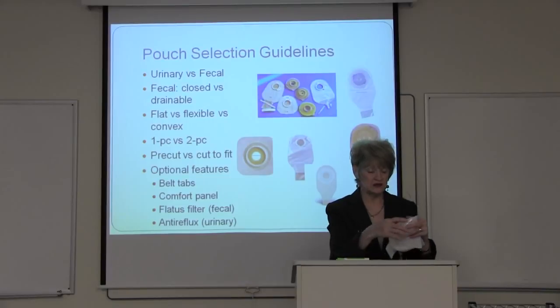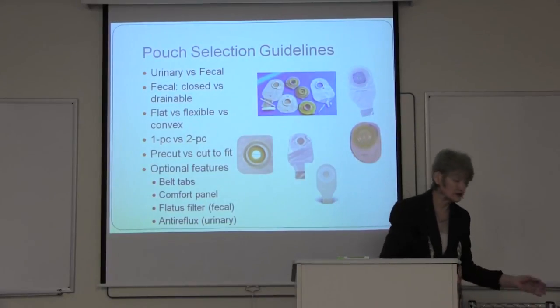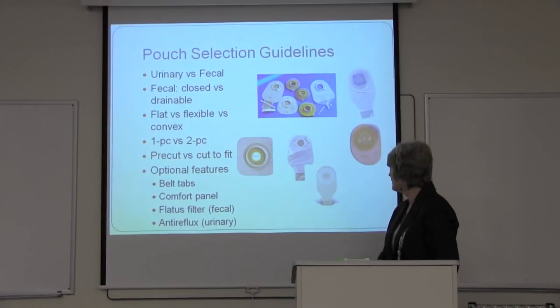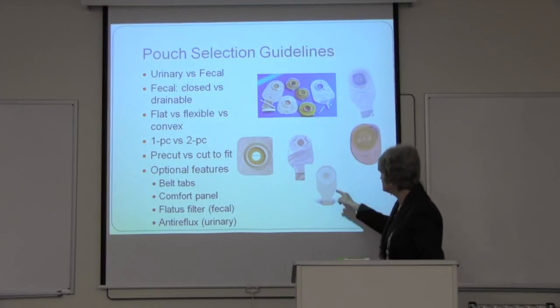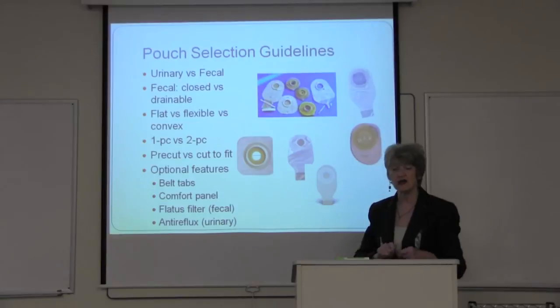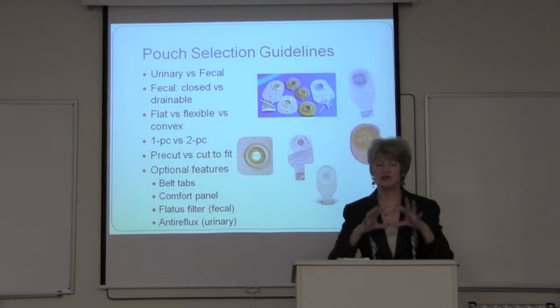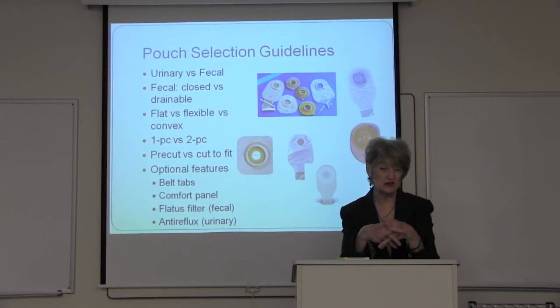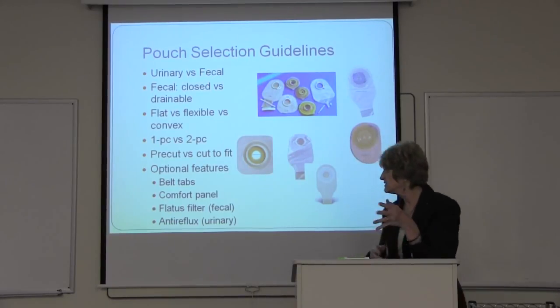So different priorities for different patients. Pre-cut versus cut to fit, pretty obvious. A lot of your pouches do come already pre-cut. That's great for patients who have relatively round stomas that have already shrunk down. Patients who have very irregular stomas typically need cut to fit.